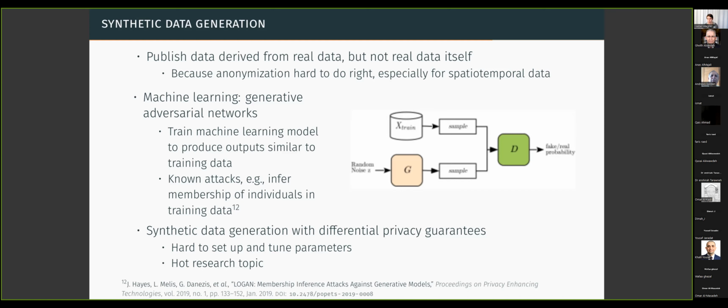So the principle is sort of what you see on the right here. You have one model marked with G, which generates data samples. And initially, those are just random.